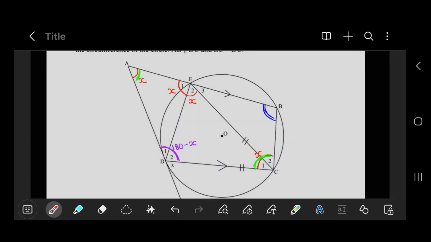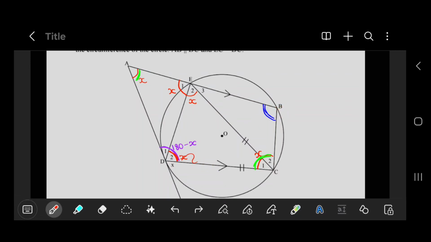And what did we know? We had this on our diagram. I had erased it. We know that D2 is x. So I'm going to use D2 to get angle B. Because what we know is that this shape, BCDE, is a cyclic quadrilateral. We know that opposite angles of a cyclic quad are supplementary. So if you take angle B and angle D2, they should add up to 180.